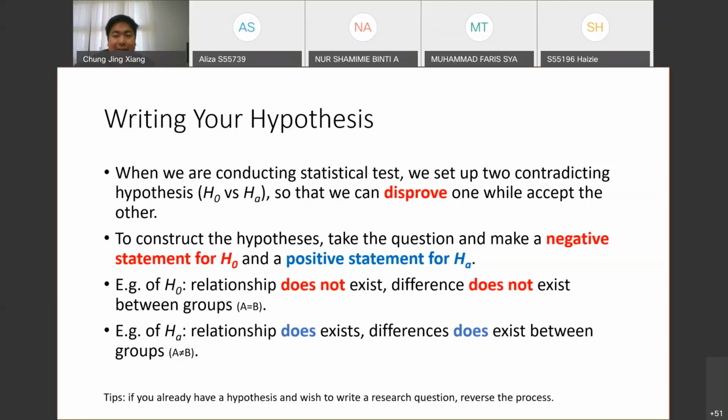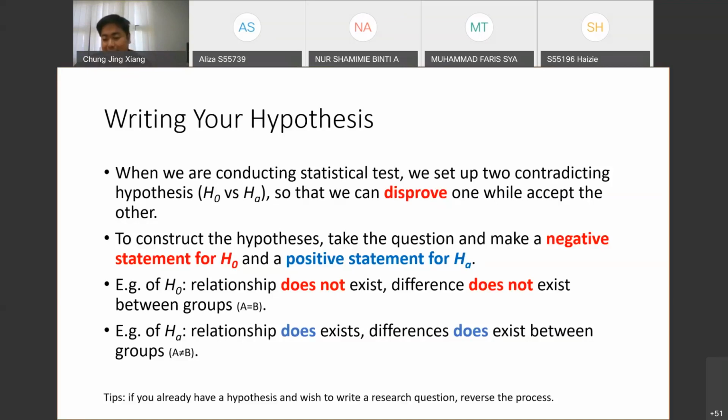Or maybe we say the monsoon impact on marine productivity does exist. So what it means is the marine productivity during the monsoon or after the monsoon shows difference. Our H naught would be: if during the monsoon and after the monsoon the productivity is the same.